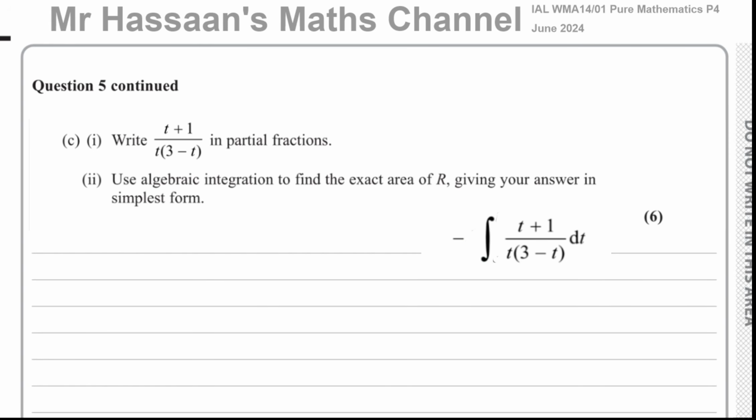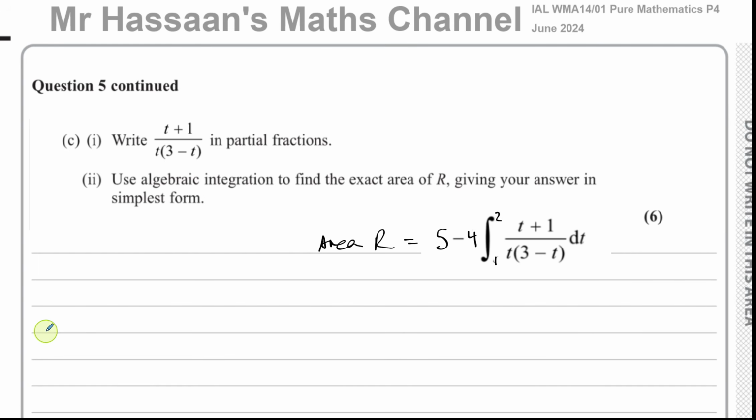We already found these values. So that's the area of R equals this. That's something that we already derived in the first part of the question.